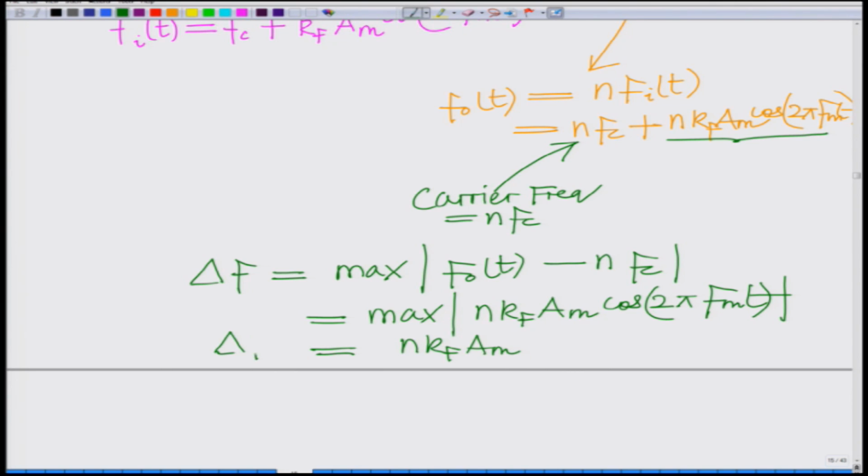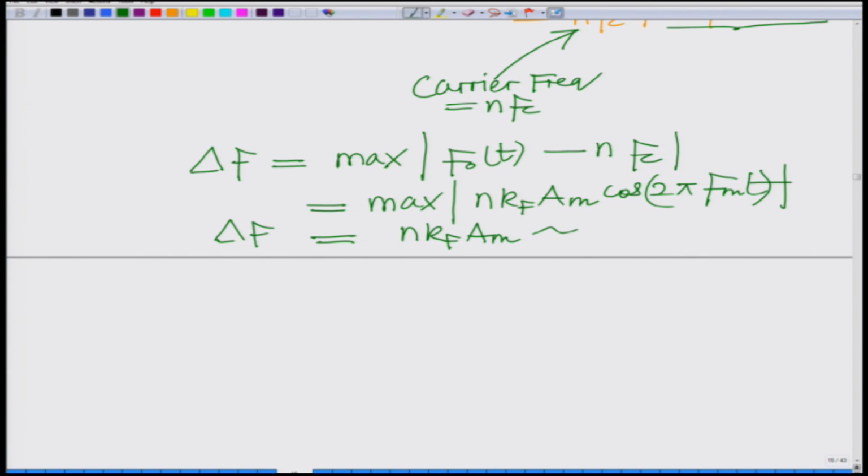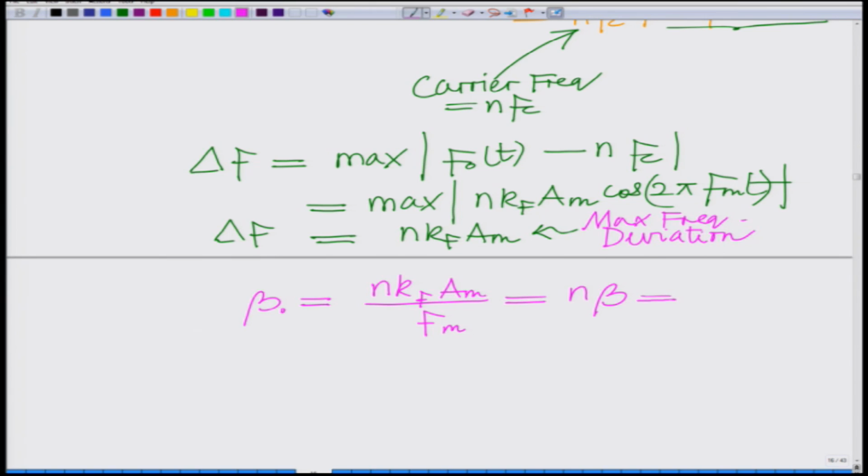So, delta f is the maximum or peak frequency deviation, and therefore beta output is n times kf Am divided by fm, which is equal to n times beta.